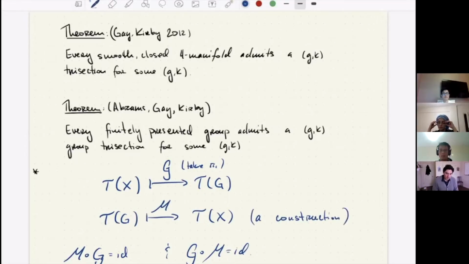Okay, and then they get this as a corollary by saying every finitely presented group is pi1 of some four-manifold, so we can realize that group trisection in that way. Okay. Cool. So that's the scene of what we're dealing with.